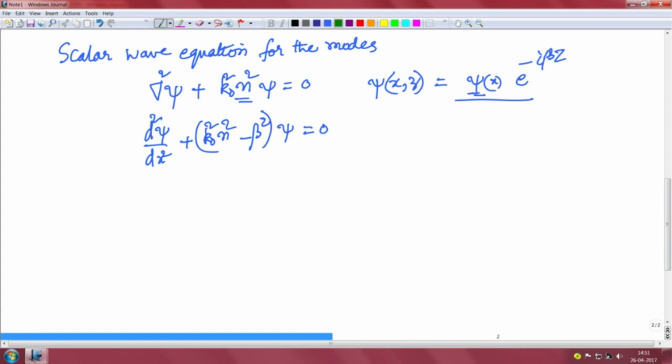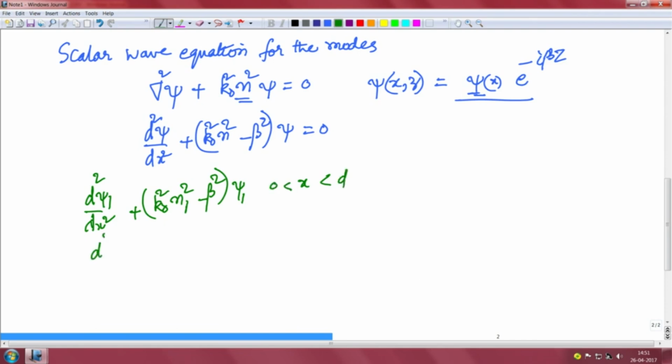In region 1, defined by x equals 0 to d, we have d square psi 1 by dx square plus k0 square n 1 square minus beta square of psi 1 equal to 0. For x greater than d in the substrate, d square psi 2 by dx square plus k0 square n 2 square minus beta square of psi 2 equal to 0.